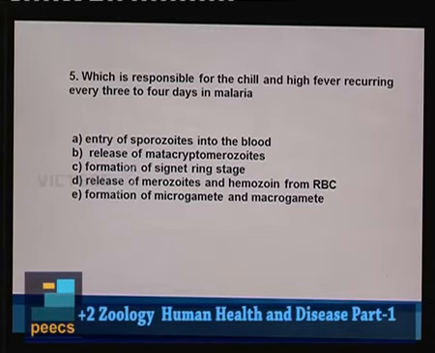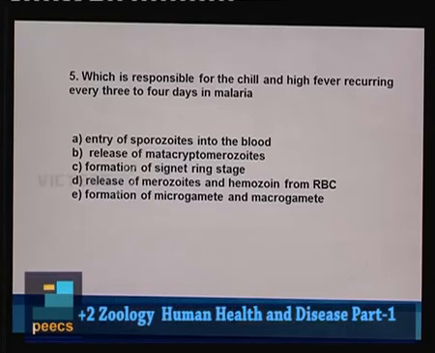So, from the options it is very clear: after the release of merozoites from the attack on RBCs, you can see the characteristic symptom of malaria. There will be chill and fever when the merozoites come out from the RBCs, and this chilling fever will recur every 3rd day in the case of Plasmodium vivax, because it causes benign tertian malaria. So, the correct answer for this question will be option D.